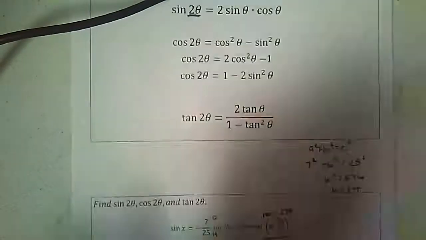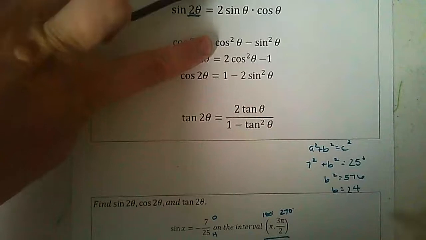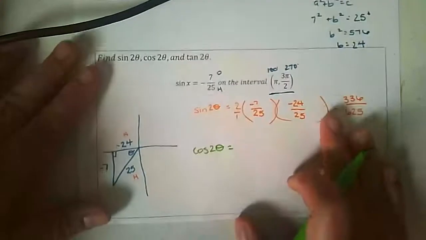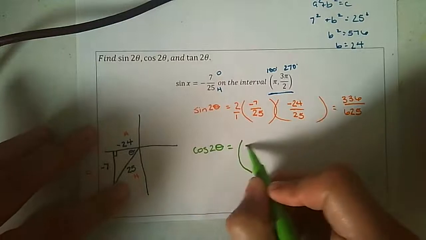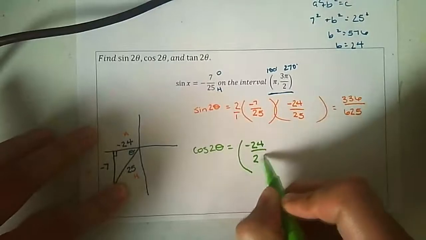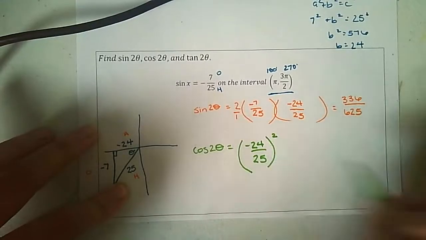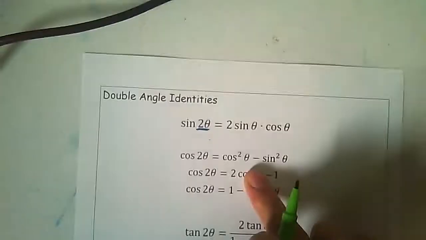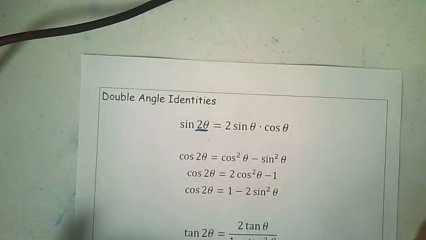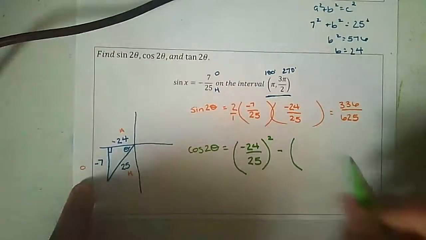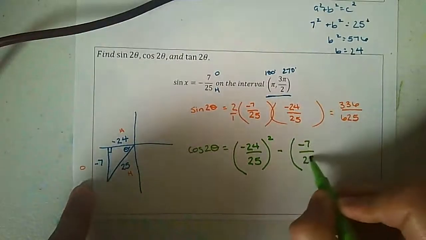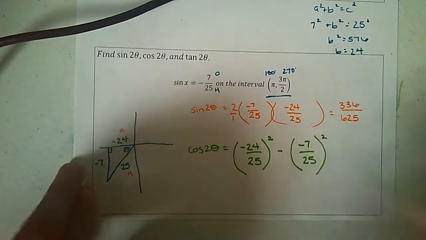The formula I'm using says we do our cosine squared. If I look at my picture, my adjacent over my hypotenuse squared, and then minus sine squared, so minus my opposite over hypotenuse squared.